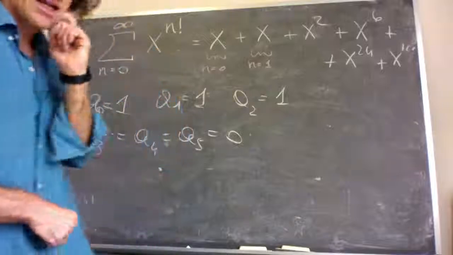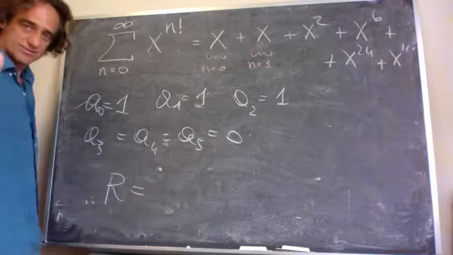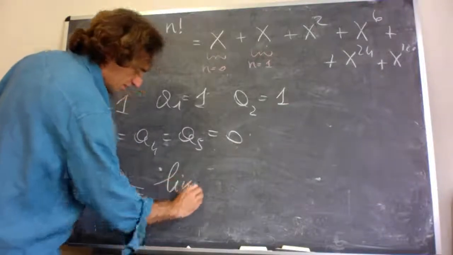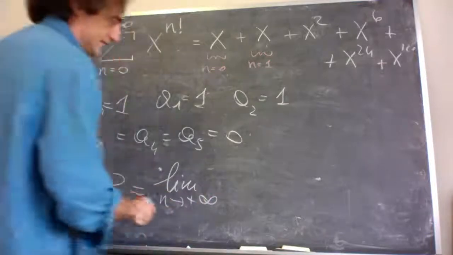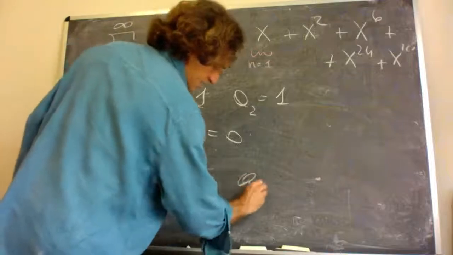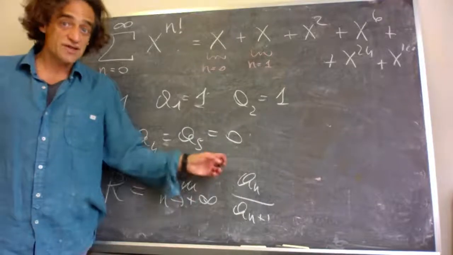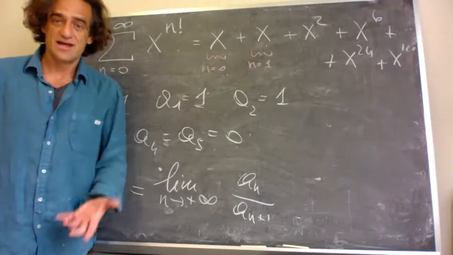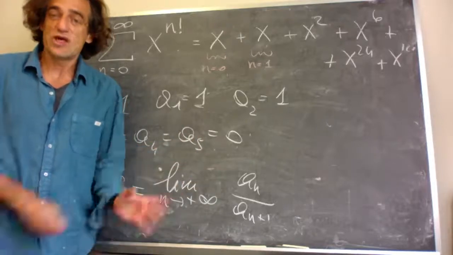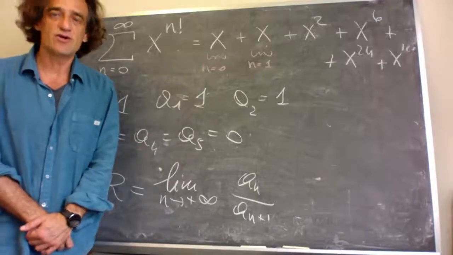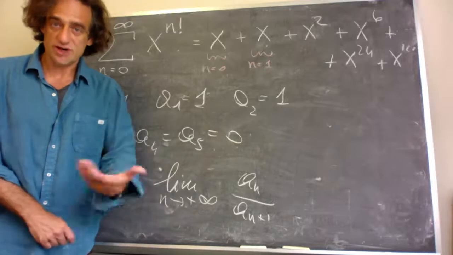So if you want to apply the ratio criterion, which tells you that R is equal, whenever it exists, to the limit for n going to plus infinity of a_n divided by a_{n+1}, most of the time here you find 0 over 0. So here you don't have a limit. So in this form, the ratio criterion cannot be applied.